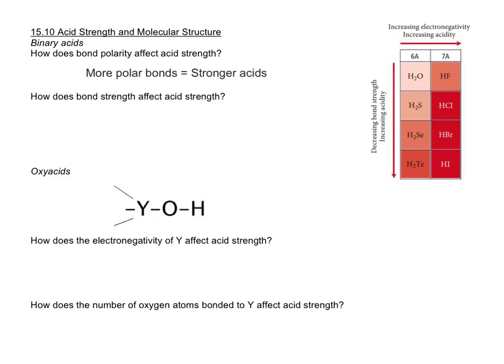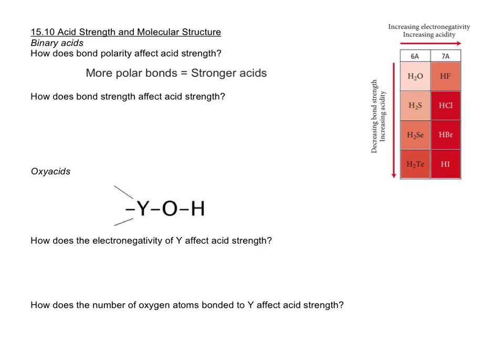Okay, the other factor that influences that is the bond strength. And so you might say, well, if polarity is such a factor, then why isn't HF a really strong acid? Because F is the most electronegative atom. And that's because the bond strength is also a factor. So the HF bond is the strongest of the halogens with hydrogen, and then it goes down from there.